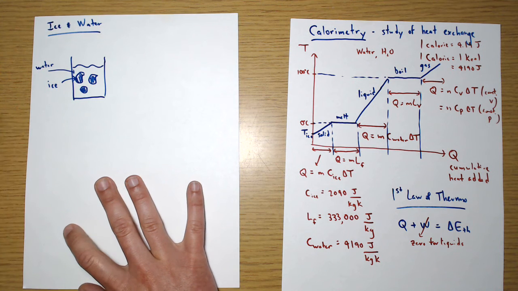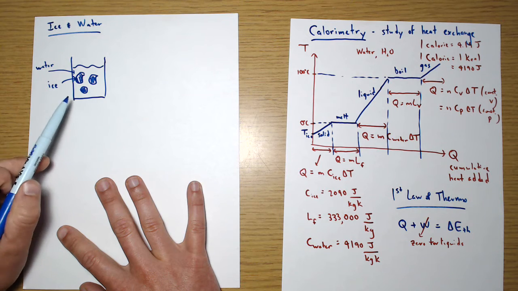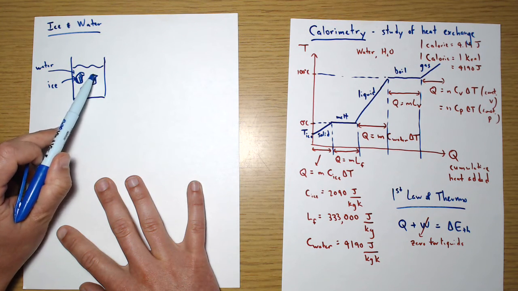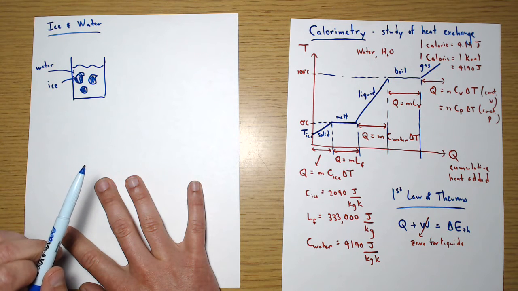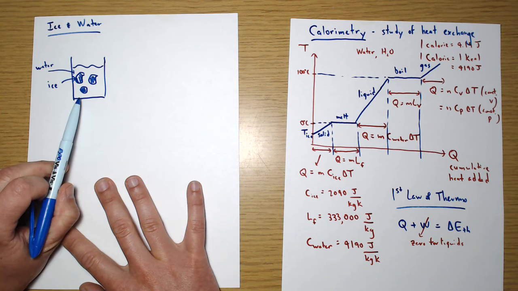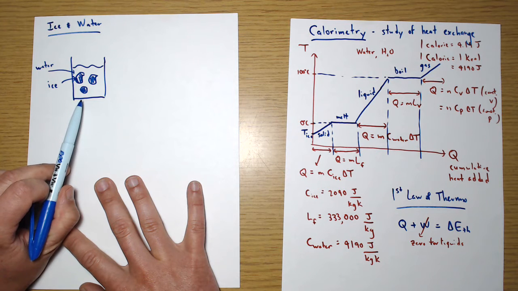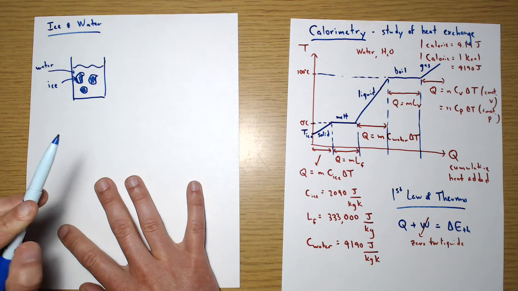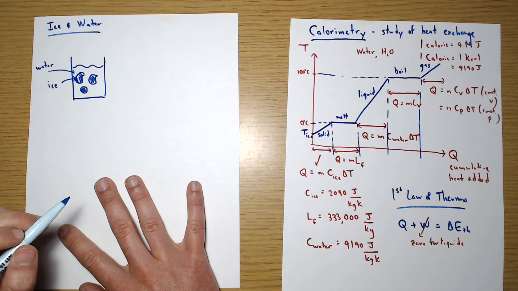So when thinking about calorimetry problems, you first have to think about whether there is enough energy in the water to melt all the ice. If there is, then the system will come to equilibrium at some temperature above 0 degrees. If there's not, then the temperature of equilibrium will be 0 degrees. And that will determine how we set up our calorimetry equation.